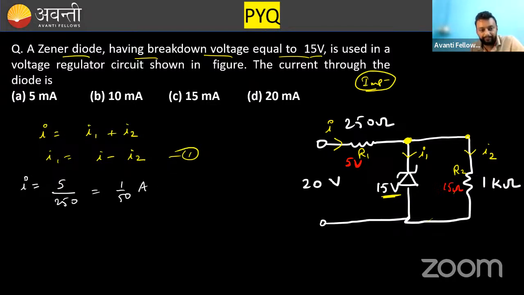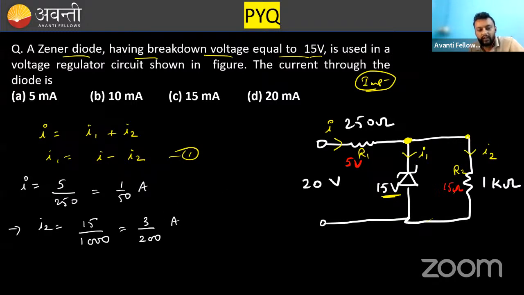Similarly, I2 will be, potential is 15 volt, resistance is 1 kilo ohm, that is 1000. If you divide it by 5, it will become 3 by 200 ampere.